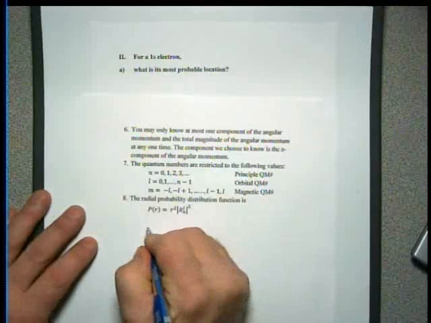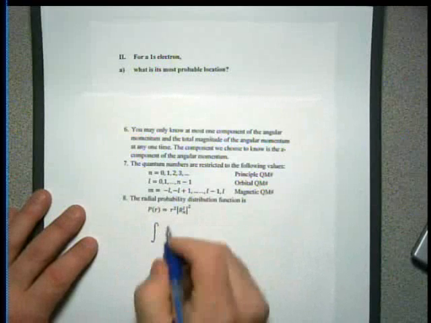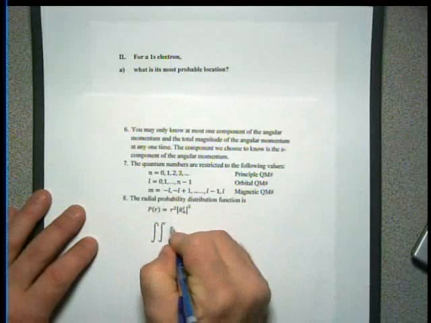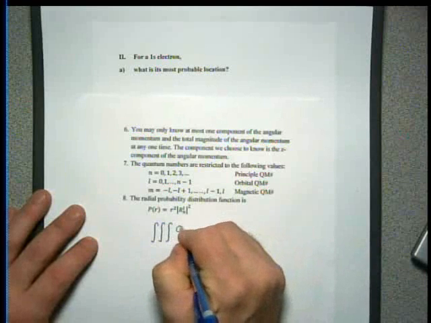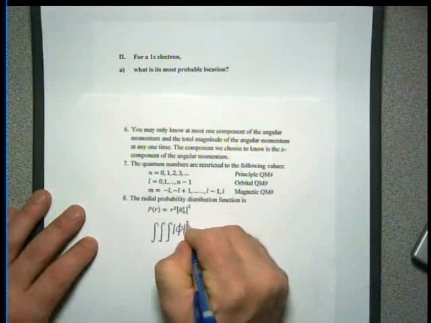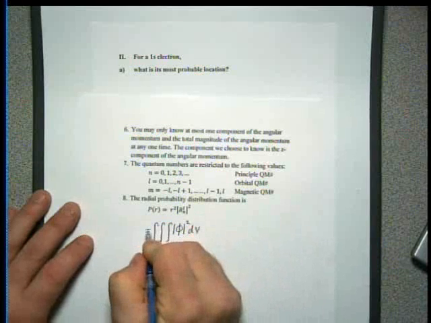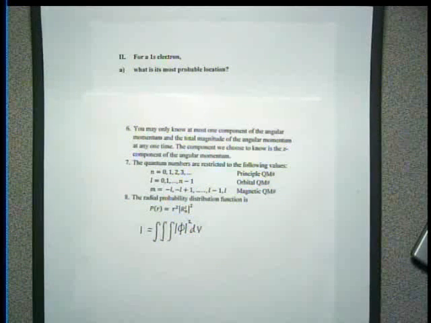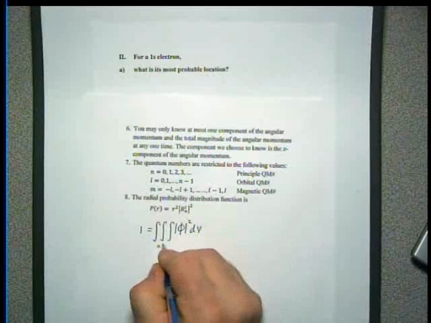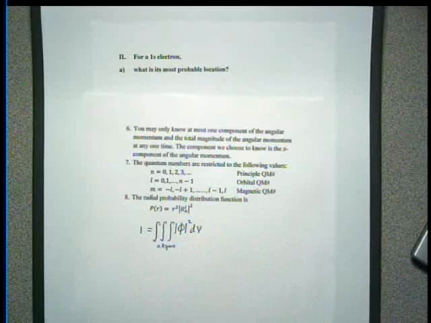So I remind you that the integral across all space of the wave function squared is equal to 1. What's different here, so this would be over all space, is what type of integrals you're doing.